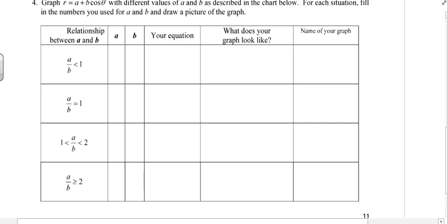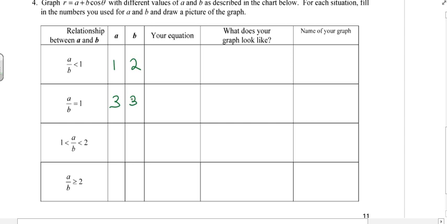So in line 1, it says that the relationship between A and B is such that when I divide A by B, the result is less than 1. So I'm going to make my A value 1 and my B value 2. My A divided by B now is a half, which is indeed less than 1. To make my A divided by B value equal to 1, I'm going to choose 3 for A and 3 for B. You could pick something different if you're so inclined.